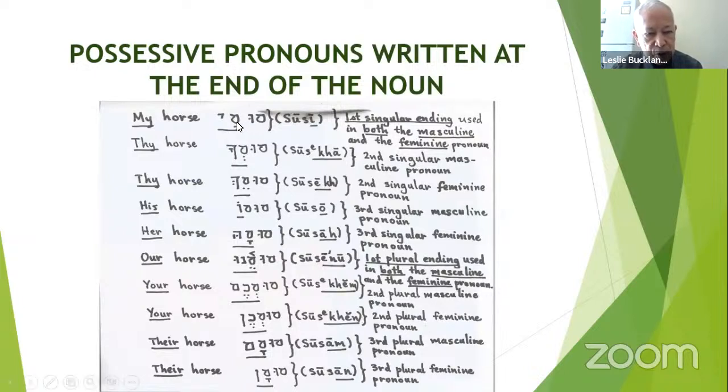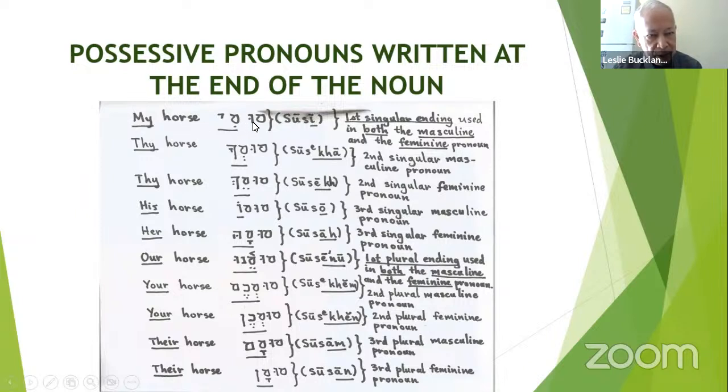So you have sus. Sus by itself is horse. But when you have the first person singular, which is used with both a masculine gender noun and also a feminine gender noun, you have susi, which means not just horse, but my horse, showing possession.